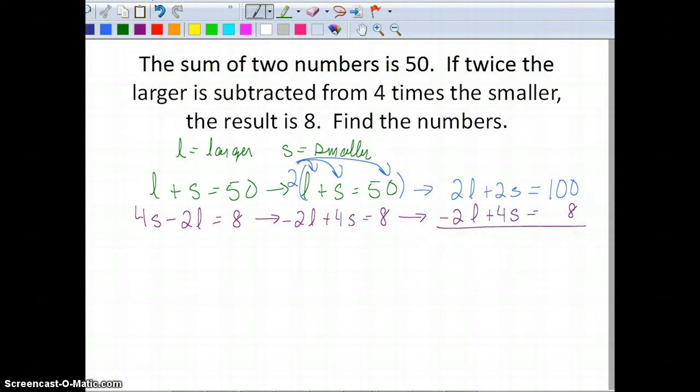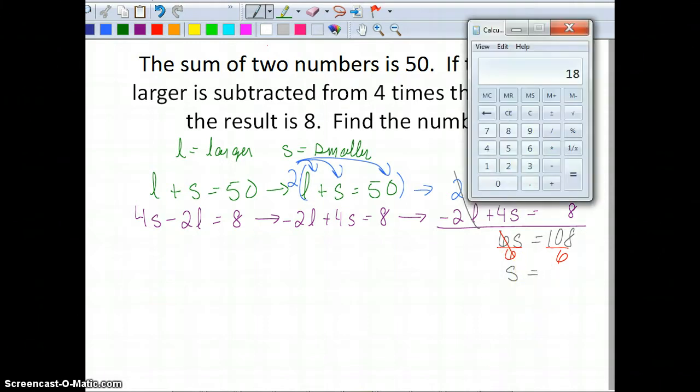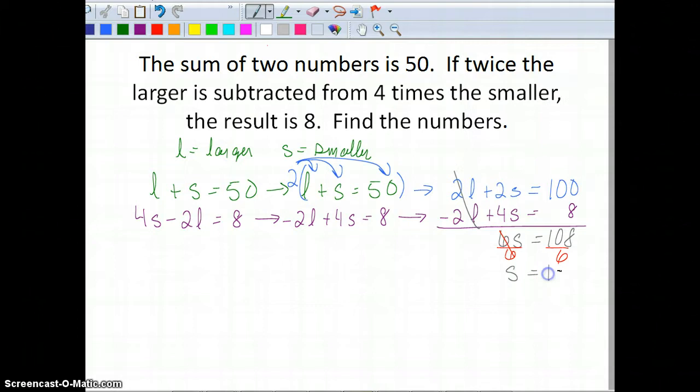Now I'm just going to go through and combine. Positive 2L minus 2L gives me 0. 2S plus 4S gives me 6S is equal to 108. Divide both sides by 6. So S is equal to 18. Now that I know what S is, let's go back and find L, because I know that L plus S is equal to 50.